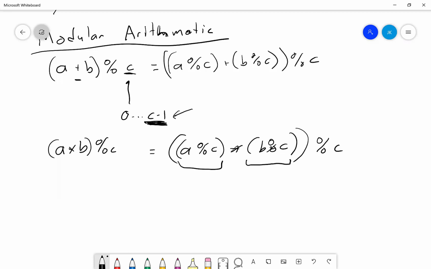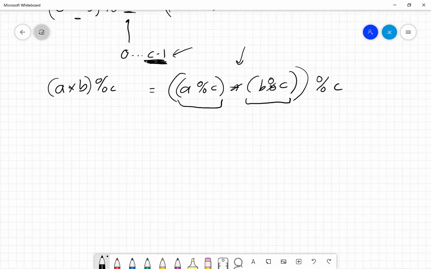So if C requires n bits, then the product requires no more than 2n bits. If C is an integer, all you need is a long integer, with twice as many bits, to temporarily hold the product. Then when you take the modulus at the end, that gets you back to an integer size. So that's how modular arithmetic tends to get used.